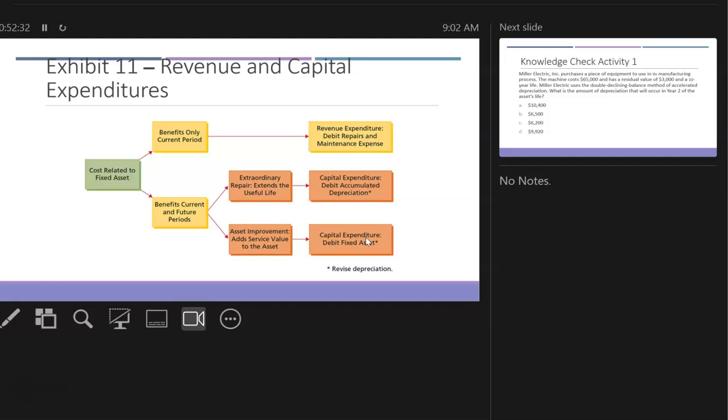If it only benefits the current period, we expense it. If it's an extraordinary repair, they're saying in here, we debit our accumulated depreciation. Otherwise, we increase our asset, which adds to the service value.